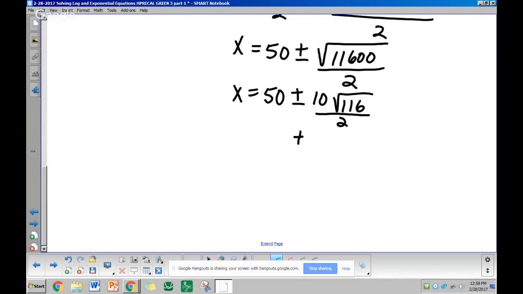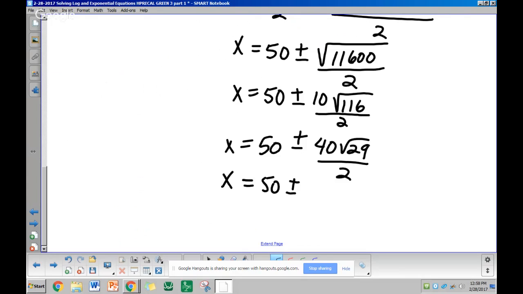Okay, so then this will be plus or minus 40 root 29 over 2. So x equals 50 plus or minus 20 root 29.